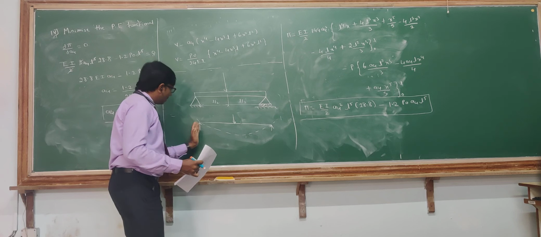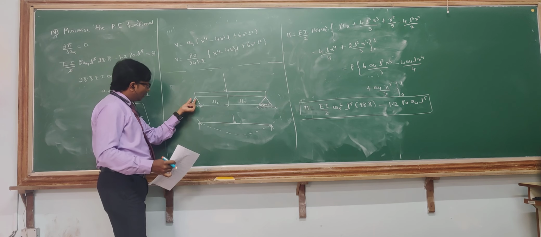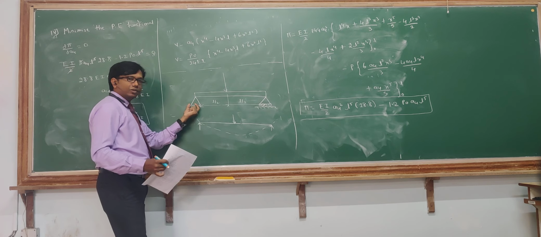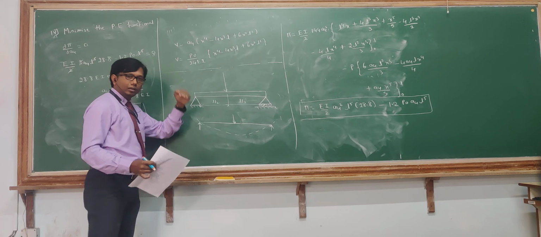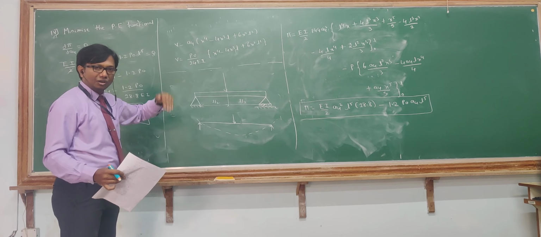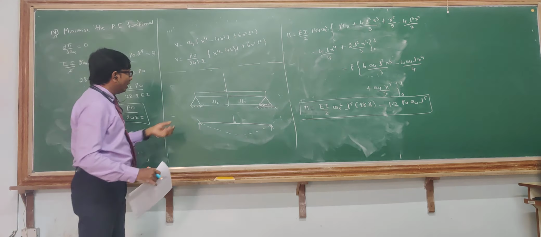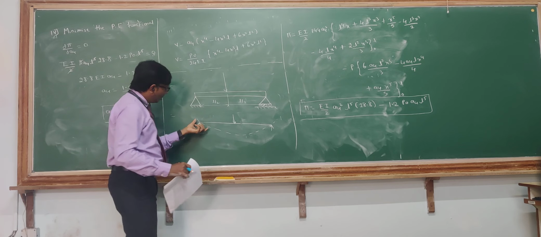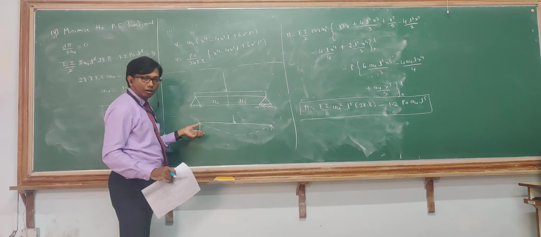So if you see this, whatever the knife edge is there, it is supporting only the downward movement. It is constraining only the vertical movement. It is not constraining the rotational degree of freedom.